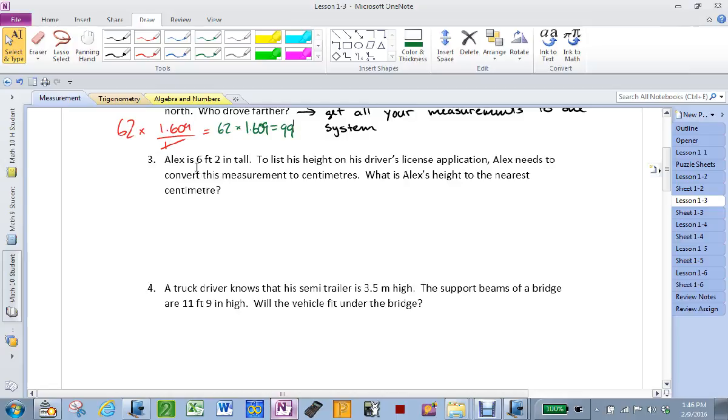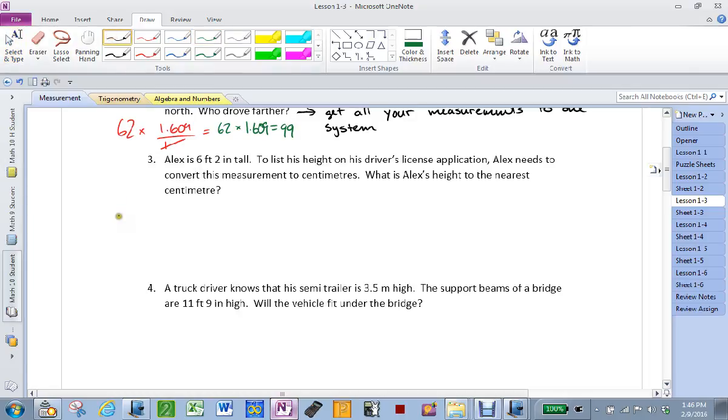Get all your measurements the same, yeah? So if you look on your data sheet, do you see anywhere that compares feet to centimeters? Yes. And you see a comparison of inches to centimeters, yes? So there's more than one way to do this question, isn't there?